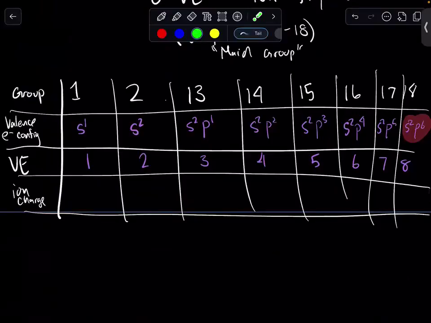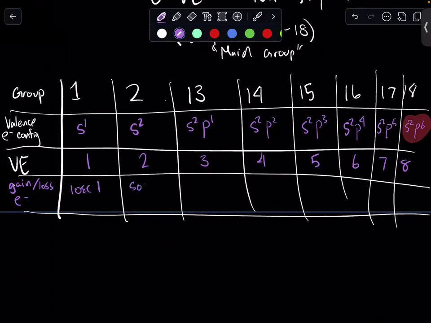So the ion charge is going to be, or you know what, even before we go to ion charge, let's say gain or loss of electrons. 1 is going to lose 1. 2 is going to lose 2, 3 will lose 3.